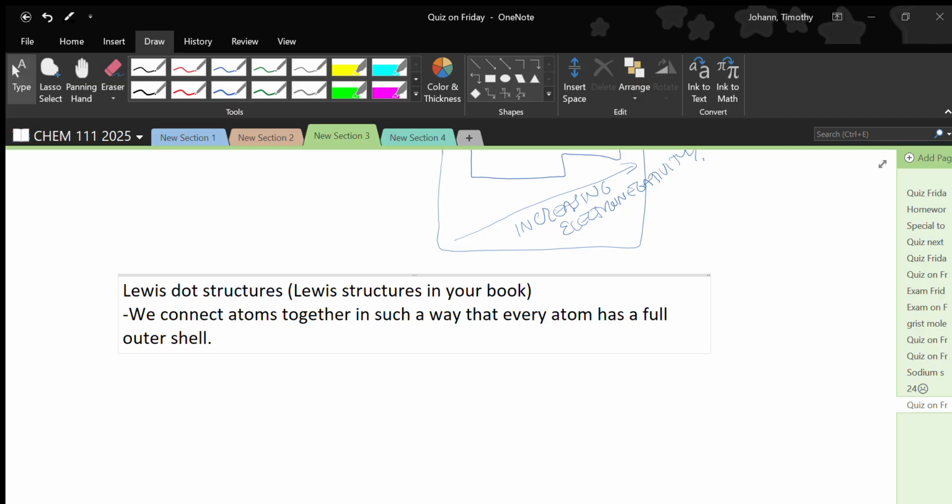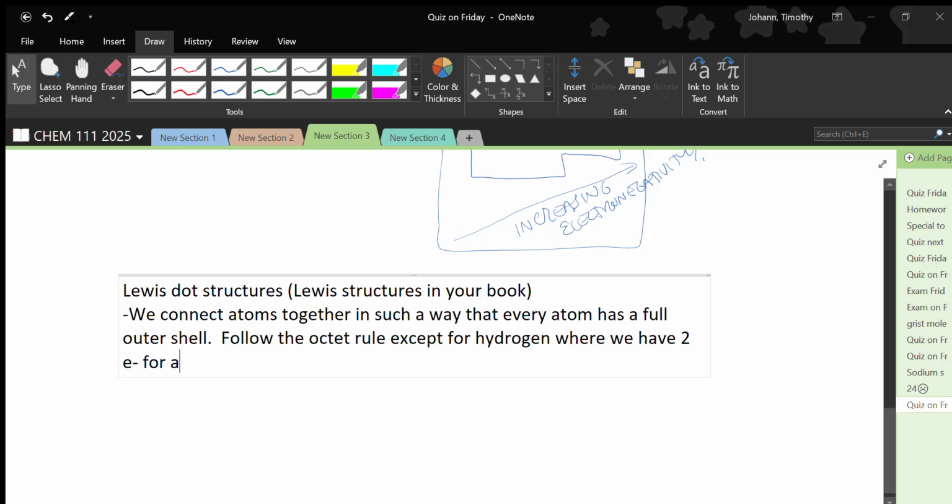In other words, we're going to follow the octet rule here, except for hydrogen, where we have 2 electrons for a full outer shell.